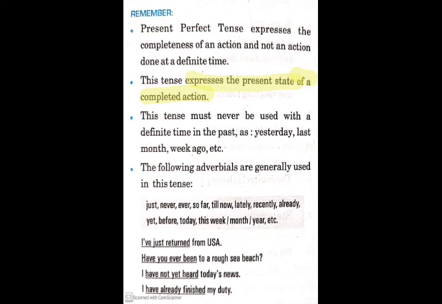So it tells at what state that action is now. This tense must never be used with a definite time in the past, as yesterday, last month, week ago, etc. So, as told earlier also, it does not tell about a definite time. So, we cannot use a definite time period of past with this type of tense.